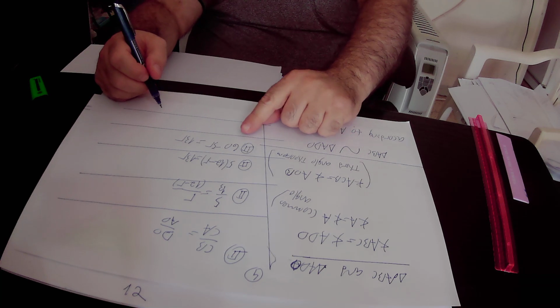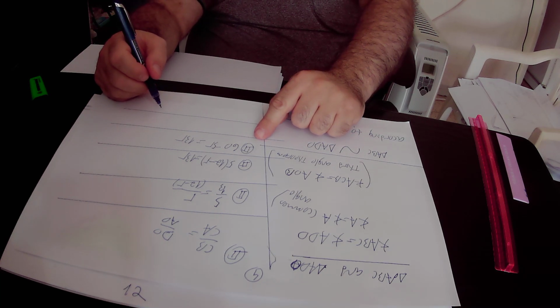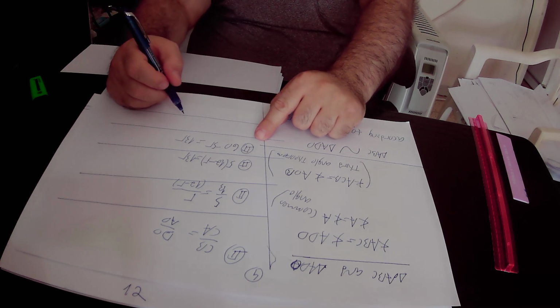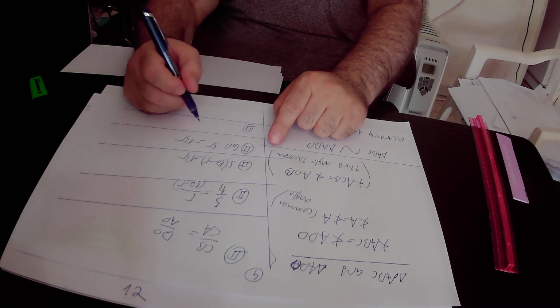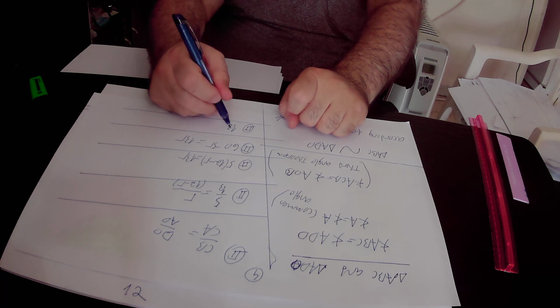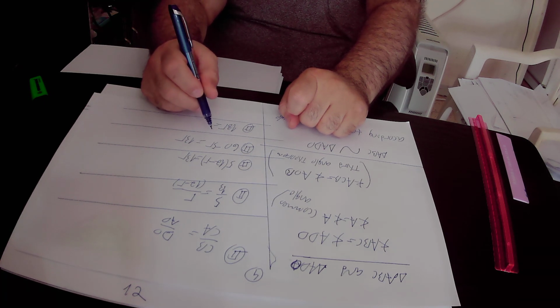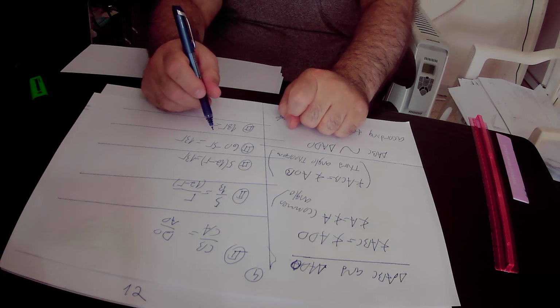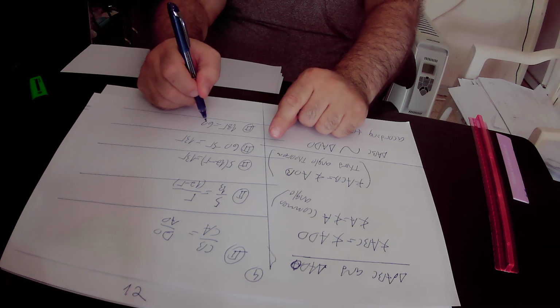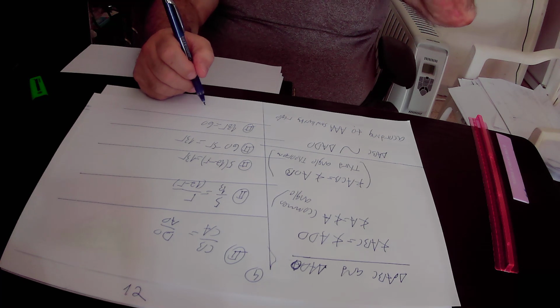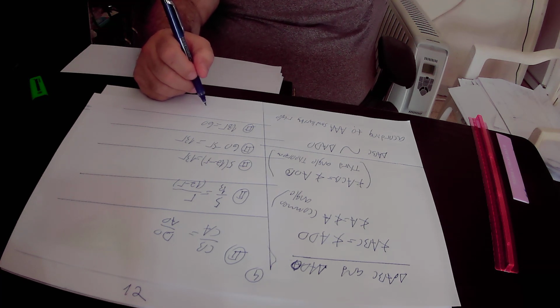Here we will add 5R to this equation, and we will get that 13R plus 5R equals 18R. And here 5R minus 5R is 0, so we are left only with 60. So we found out that 18R equals 60.